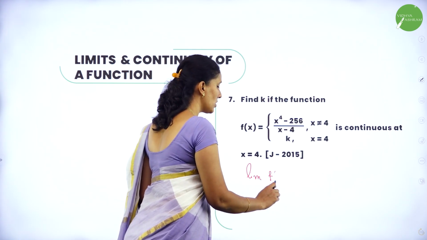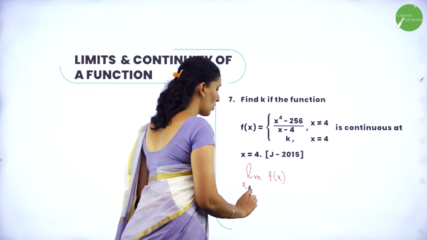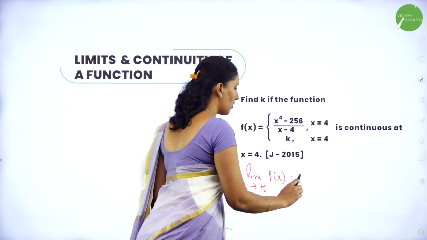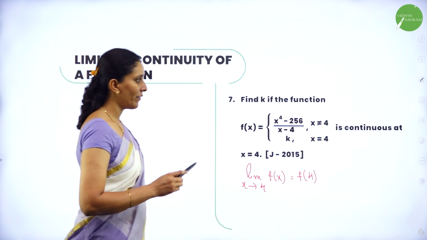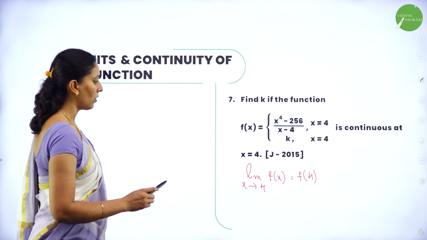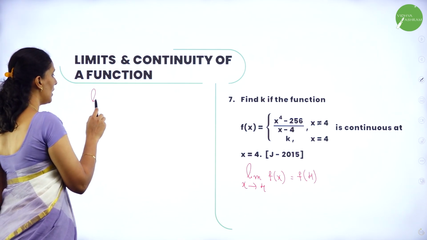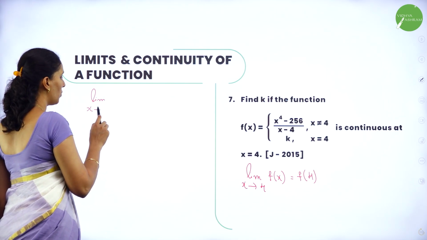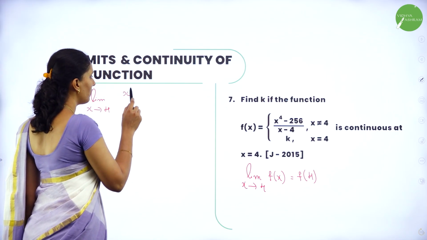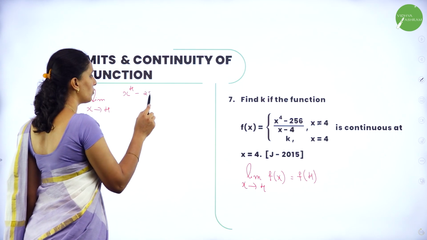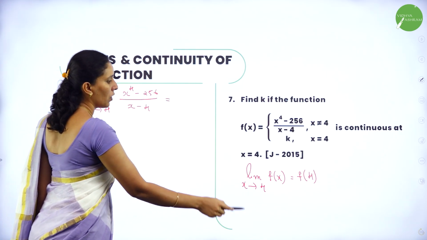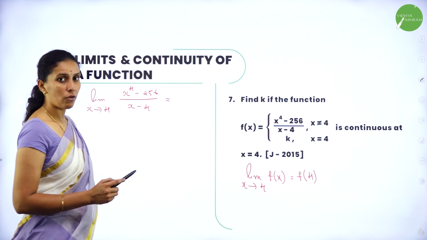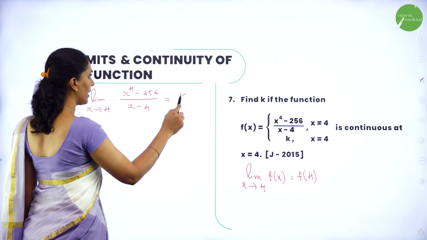Limit of the function as x close to 4 should be equal to f of 4, because they have said the function is continuous at x is equal to 4. Now therefore, limit as x tends to 4, the function will be (x power 4 minus 256) divided by (x minus 4). And what is f of 4? At x is equal to 4, the value is equal to k here.